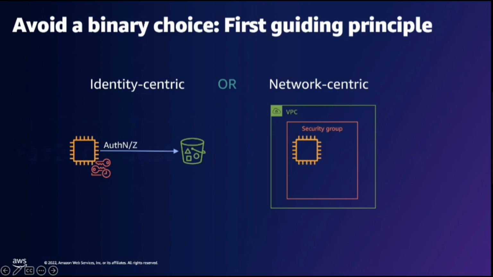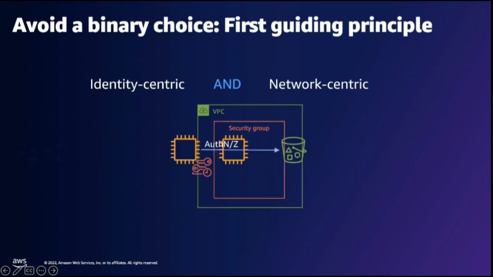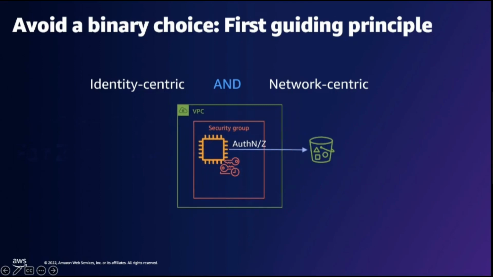Now, as a guiding principle, when you're thinking about security, it shouldn't be just about the network perimeter, but about the identity part, identity-centric controls as well. So this would be in addition to network controls. You would implement both network and identity-centric controls to meet your security requirements. This approach is something that we have done really well at AWS, and we'll look at some of the examples where we have done this for the AWS Cloud.